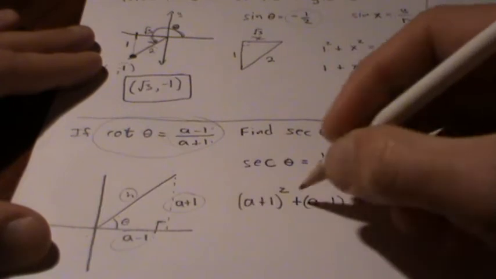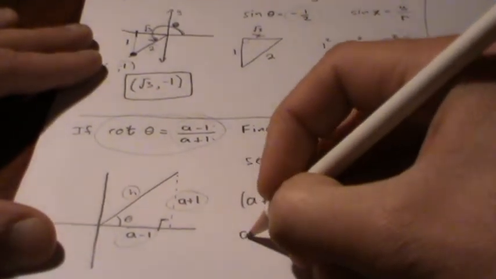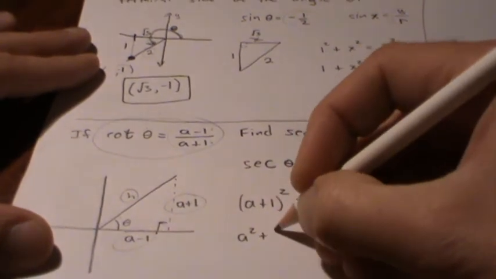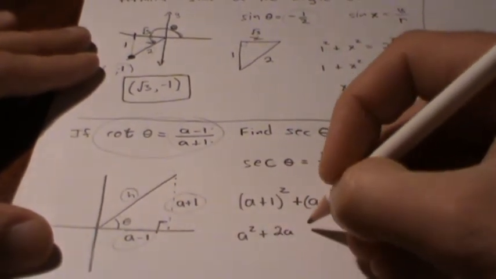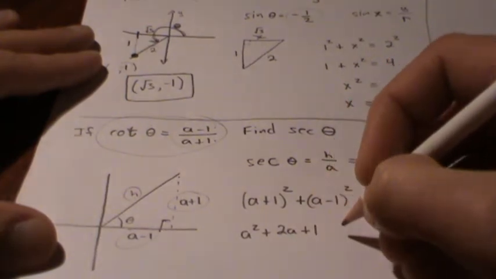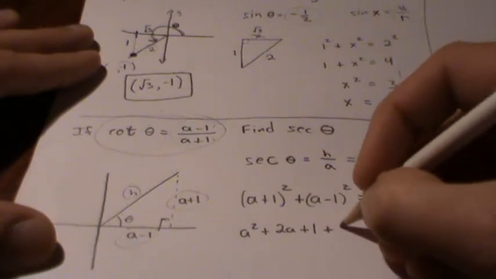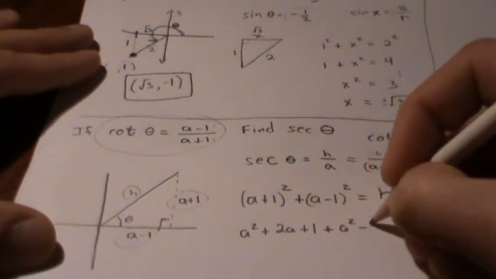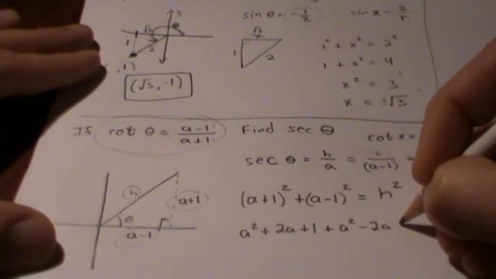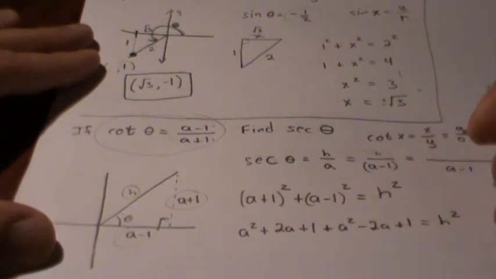But what I'm going to do is simplify this down a little bit. A plus 1 squared is a squared plus 2a plus 1. A minus 1 squared is a squared minus 2a plus 1, and this is equal to the hypotenuse squared.